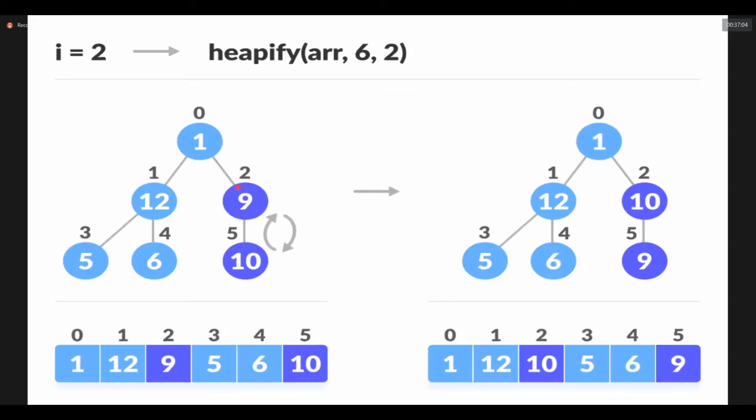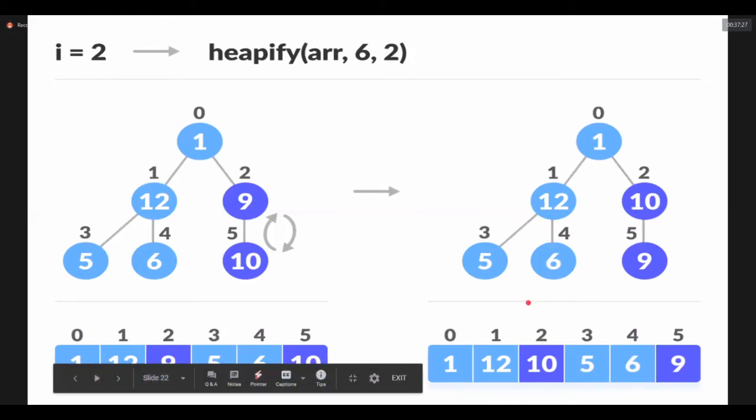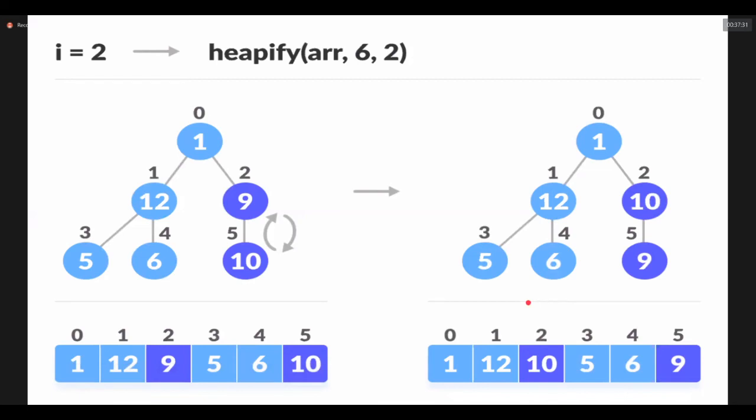What is the heapify process? At 9 we compare with the children. 10 is higher than 9, so swap. 10 becomes the parent and 9 becomes the child. Next one. So now the tree becomes 1, 12, 10, 5, 6, 9. Now the I value is decreased by 1.